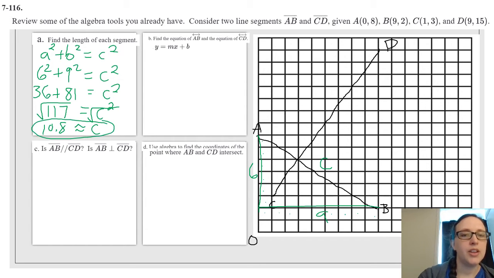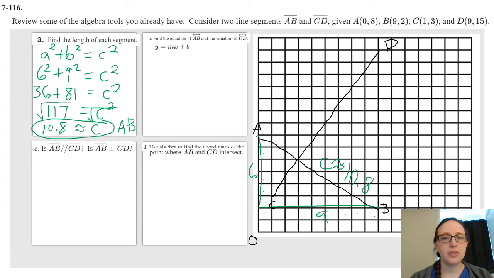Okay, and so that is the length of AB. About 10.8 units long. Okay, so that makes sense because it should always be longer than these 2 sides. So it's longer than 9, longer than 6. That's a good number.